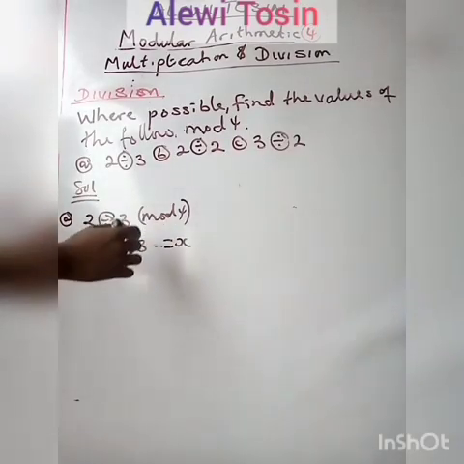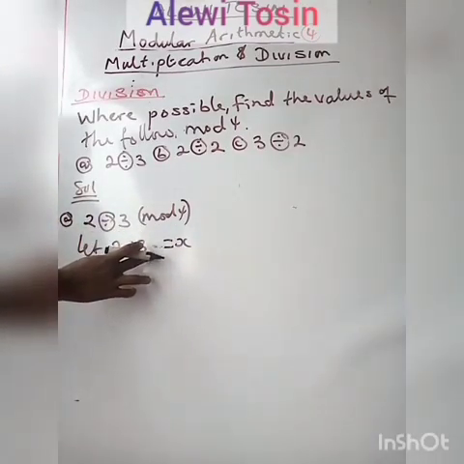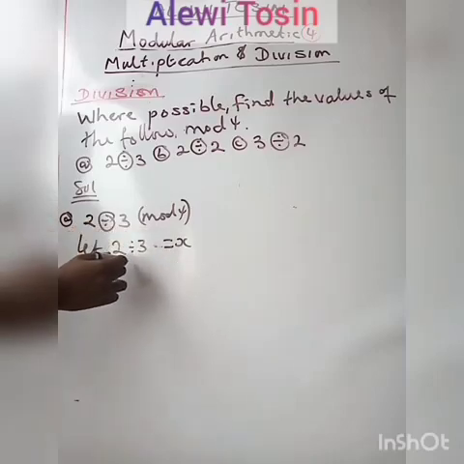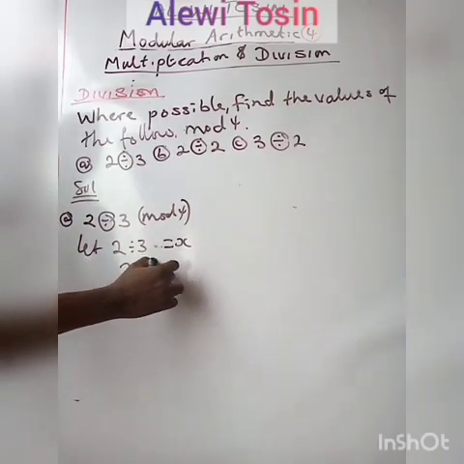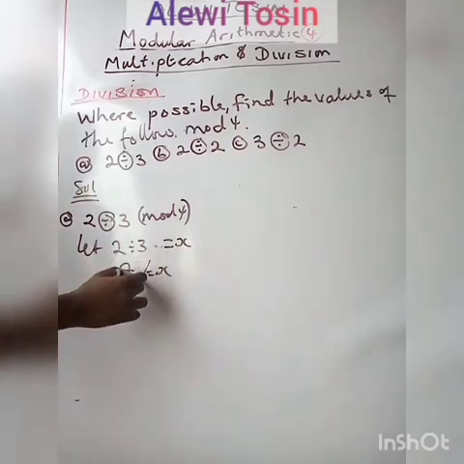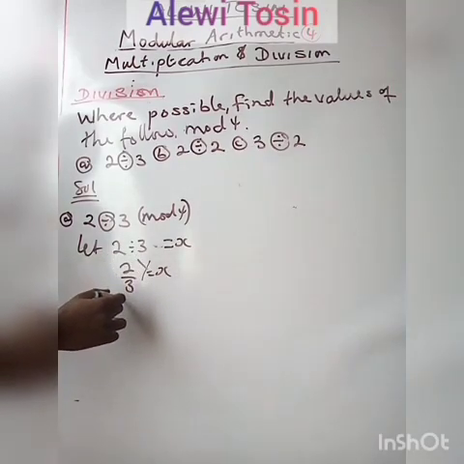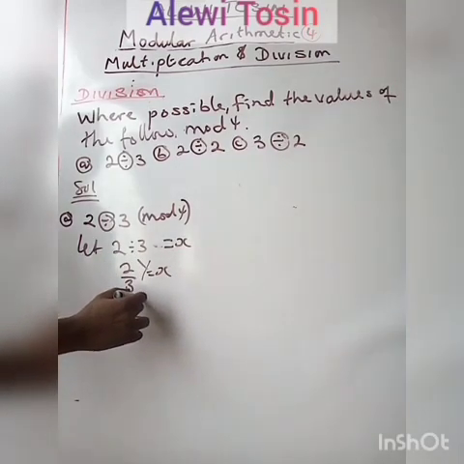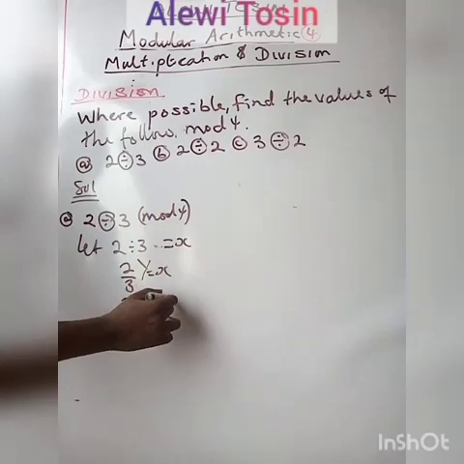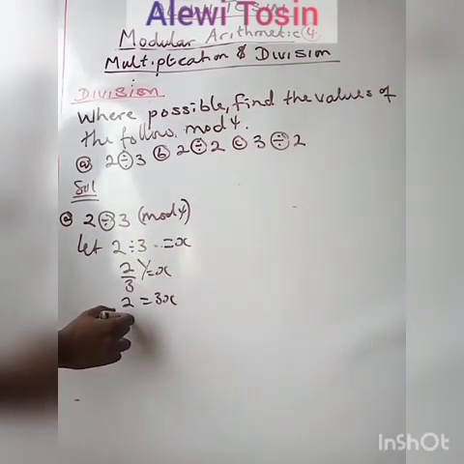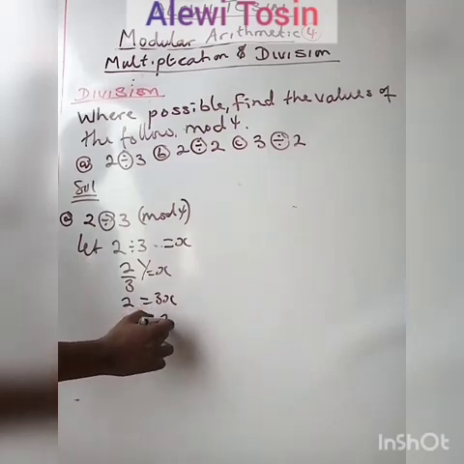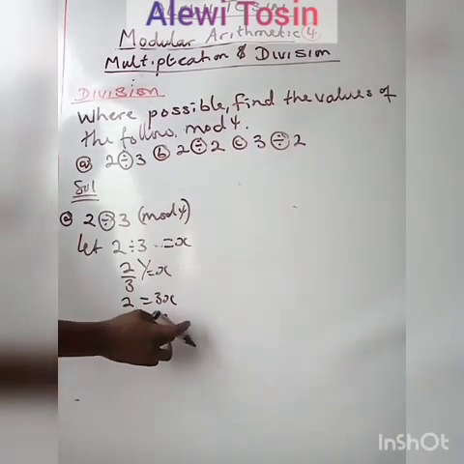I like to write it this way: 2 over 3 equals x. If you cross multiply, you have 2 equals 3x, which I can write as 3x equals 2, working in mod 4.